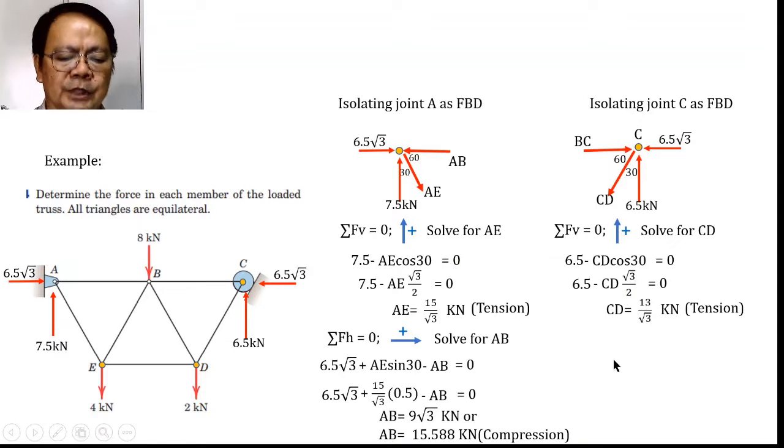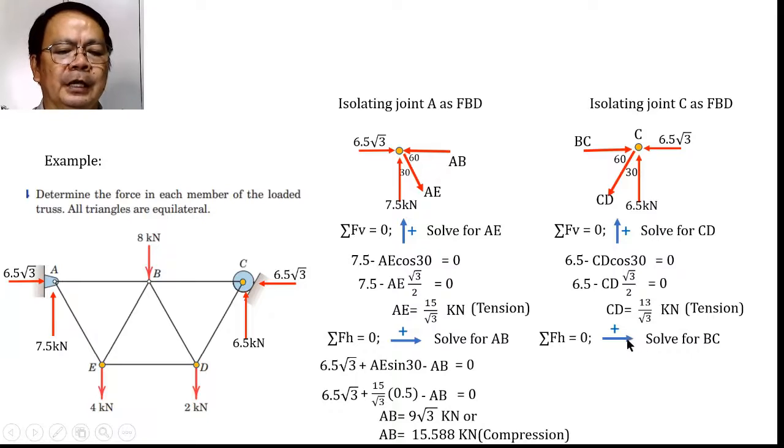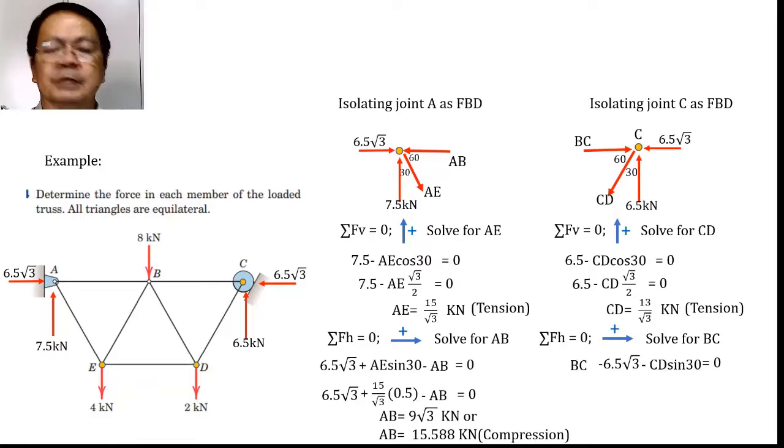And afterwards, we sum up force horizontal equal to 0, and from here we can solve for BC. Assuming natin that rightward direction is positive, what are those rightward direction? I will have here BC minus this one, 6.5, minus the horizontal component of CD, which is equal to CD sine of 30, and that must be equal to 0.